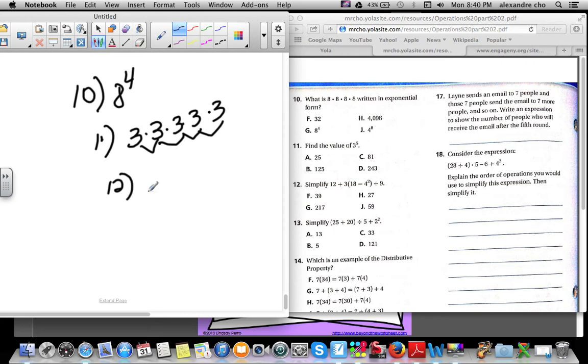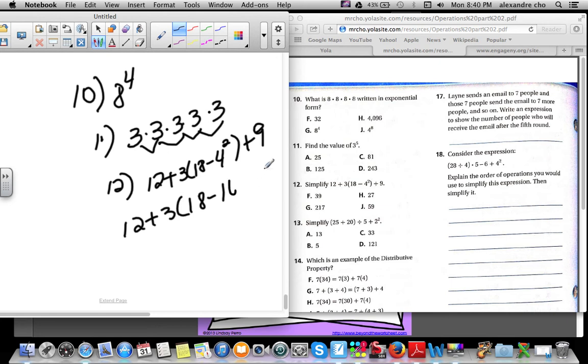12. Simplify 12 plus 3 times (18 minus 4 squared) plus 9. So, order of operations. Let's do the parentheses first, and inside is 18 minus 4 squared, which is 16.